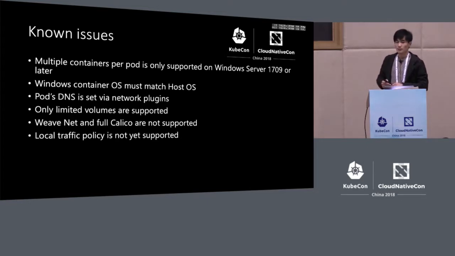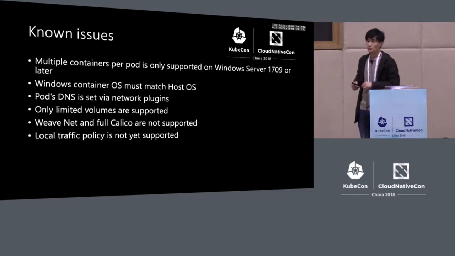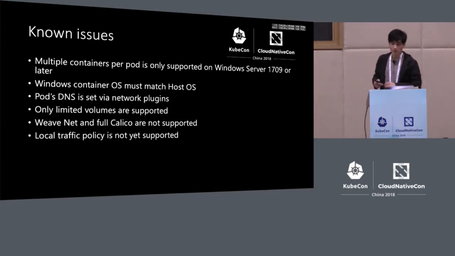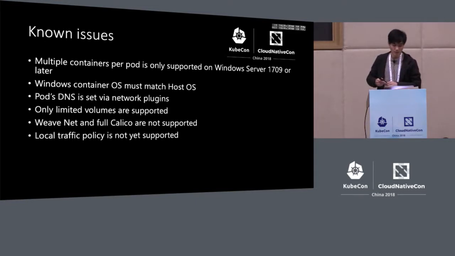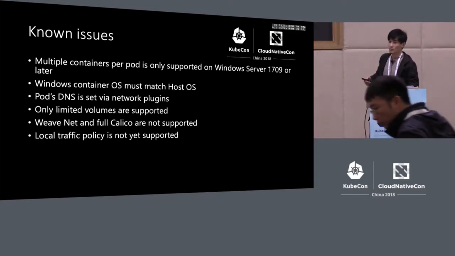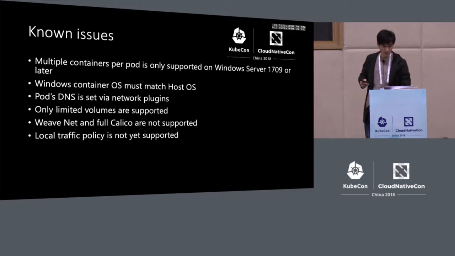Another issue is the DNS config. The DNS config is done through plugins. For Linux, it has the etc resolv file and can finish config. But we don't have this file for Windows, so you need plugins for Windows.